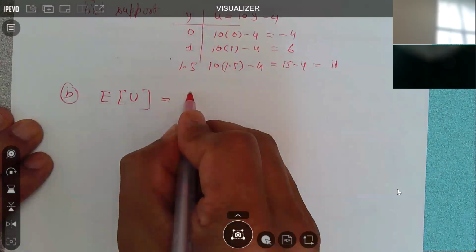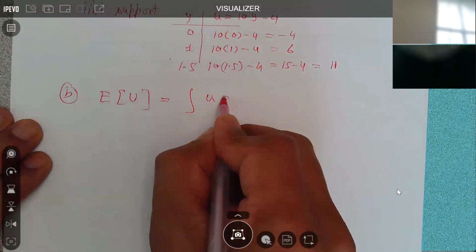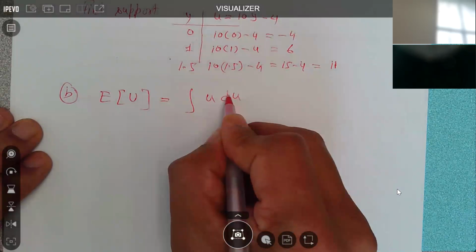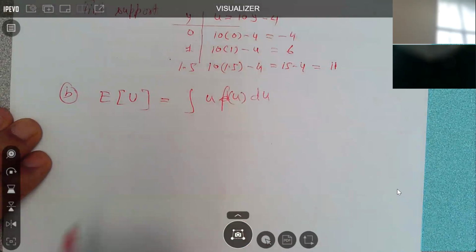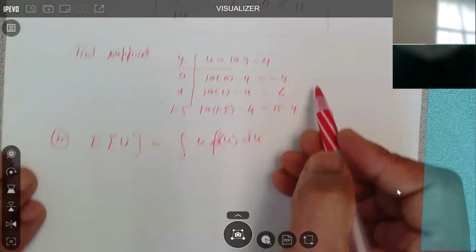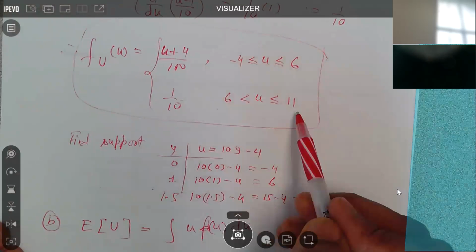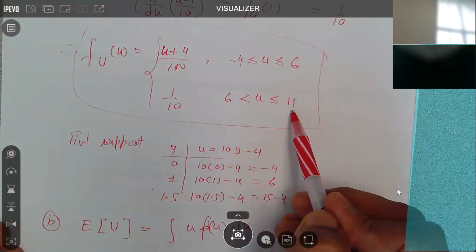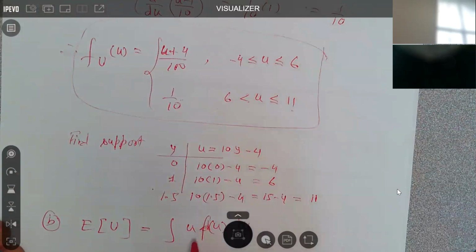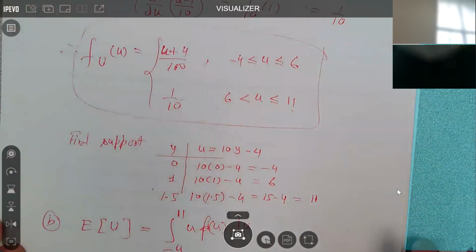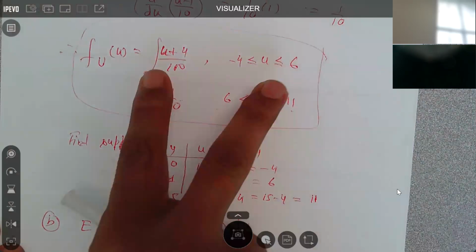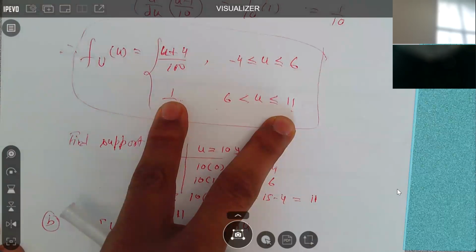So integration of u f(u) du, and the support is from -4 to 11 here, right?